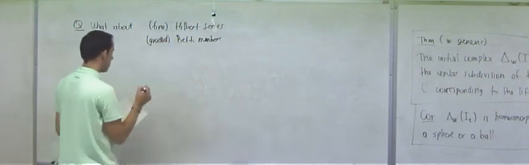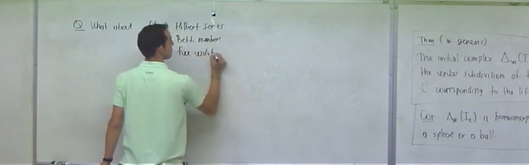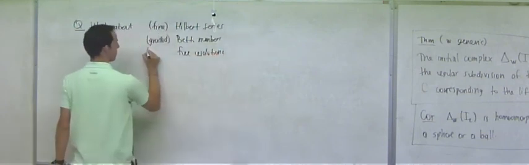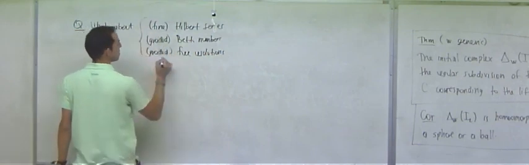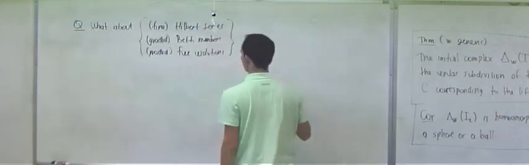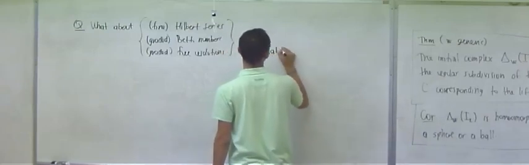Or free resolutions, which again might be graded or not graded. So these are things that we like to compute. What can we say about them for lattice ideals?